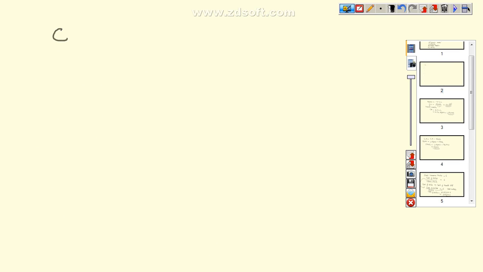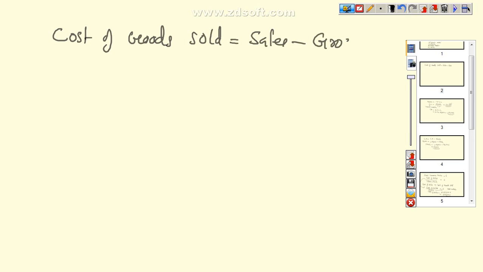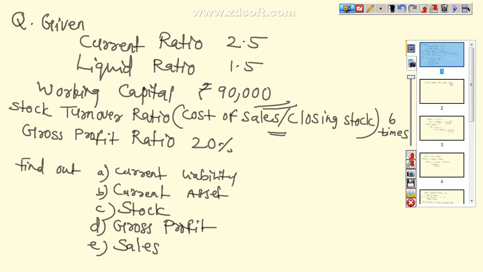Now what is the formula for calculating cost of sale? Cost of sale, also known as cost of goods sold, is equal to sales minus gross profit. But we don't know sale, we don't know gross profit. But according to the question, gross profit ratio is given, 20%.